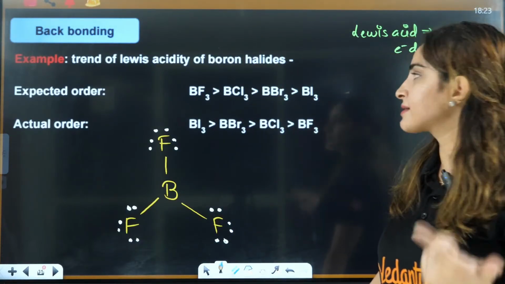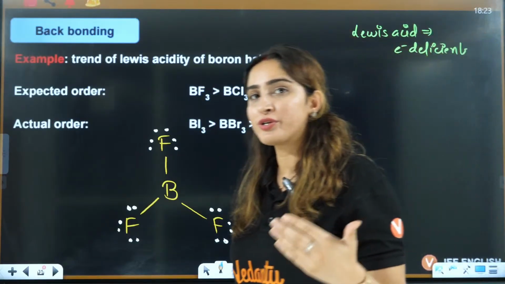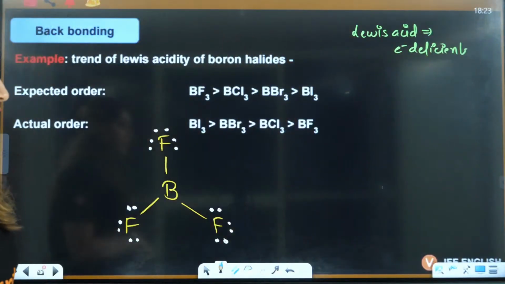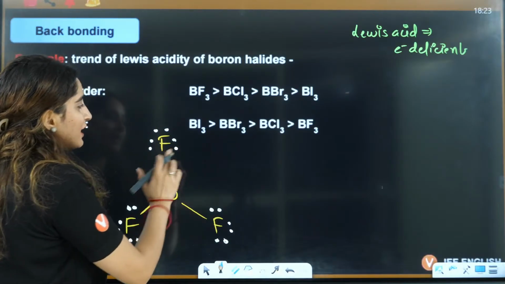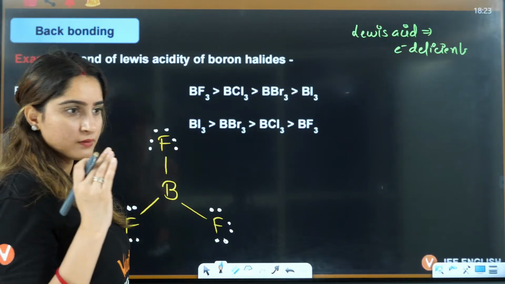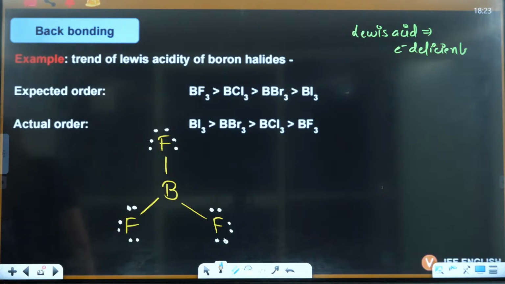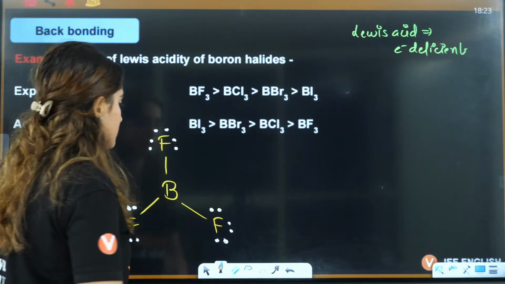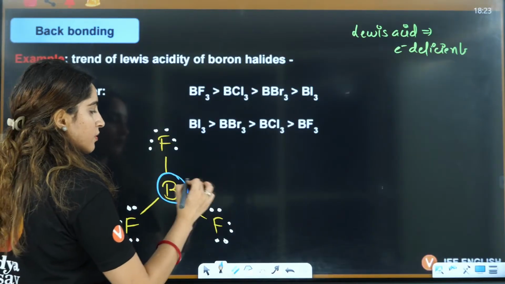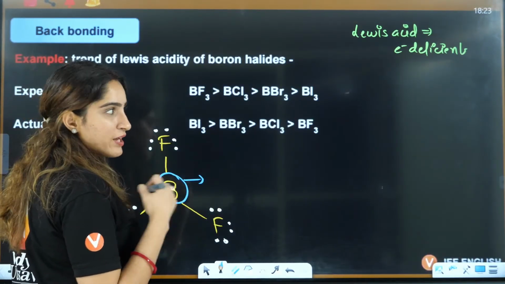So we were discussing why the order is opposite and what exactly back bonding is, okay? Because fluorine has lone pair, right? Now these lone pair of electrons, if you discuss, this boron also has vacant orbitals.